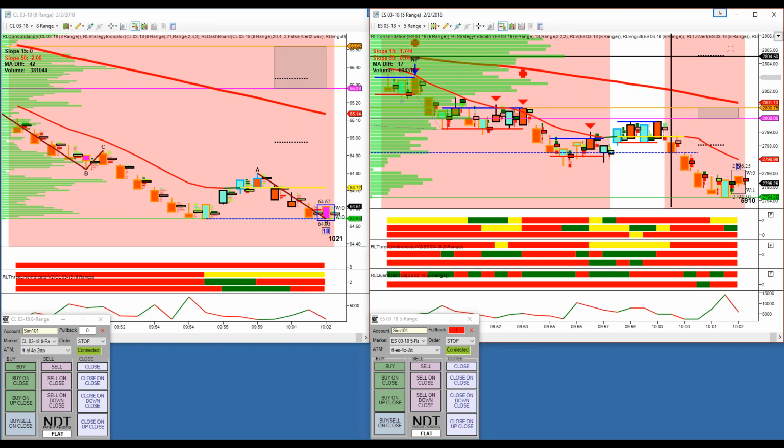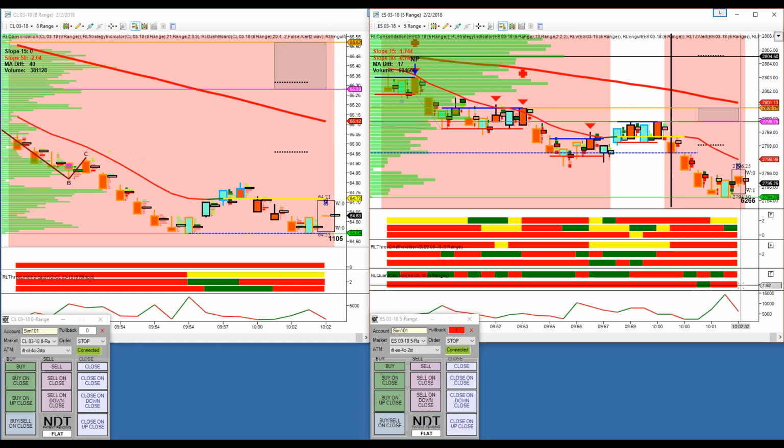We're losing our quants here. I think diff is 17. No short trade here until the low of day.